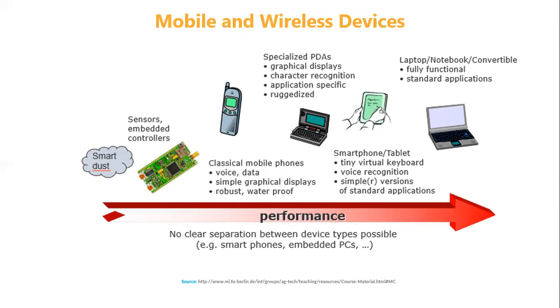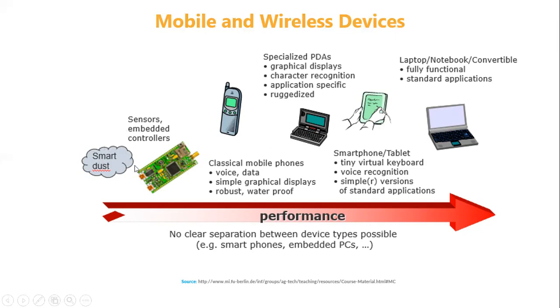So it's a broad classification of various mobile and wireless devices. The performance of the devices increases in this order, that is, the device towards the right has more performance than the devices on the left.